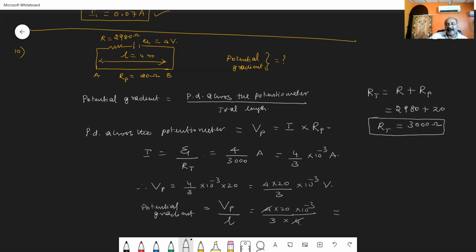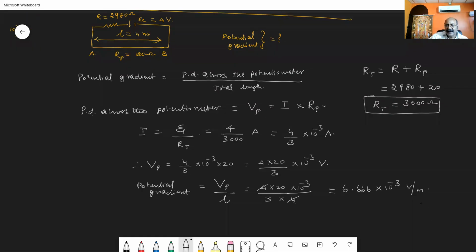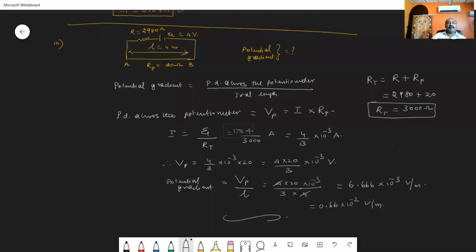What is this 20 divided by 3? 6 3s are 18. So 6.666, it is going on, into 10 to the power of minus 3 volt per meter. Or I can write this as 0.66 into 10 to the power of minus 2 volt per meter, which is given in your book. So this is the answer for this problem number 10.